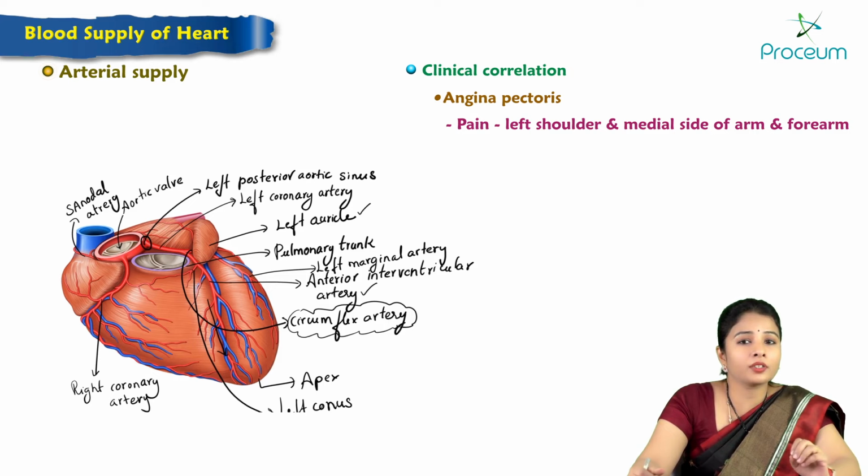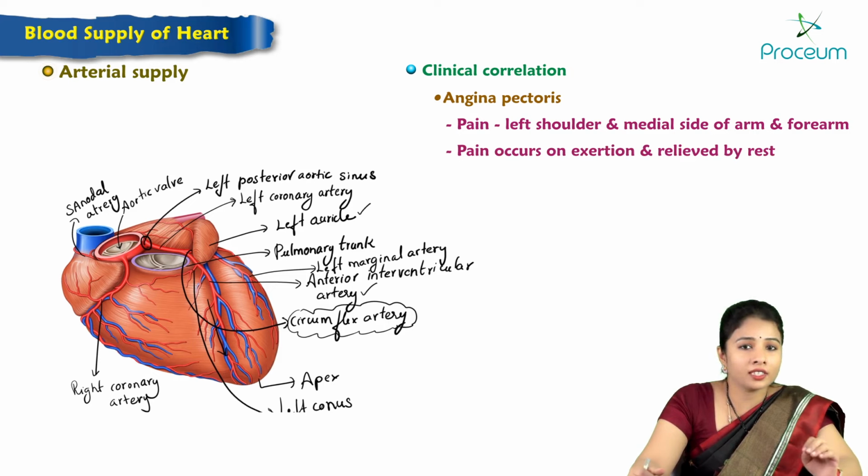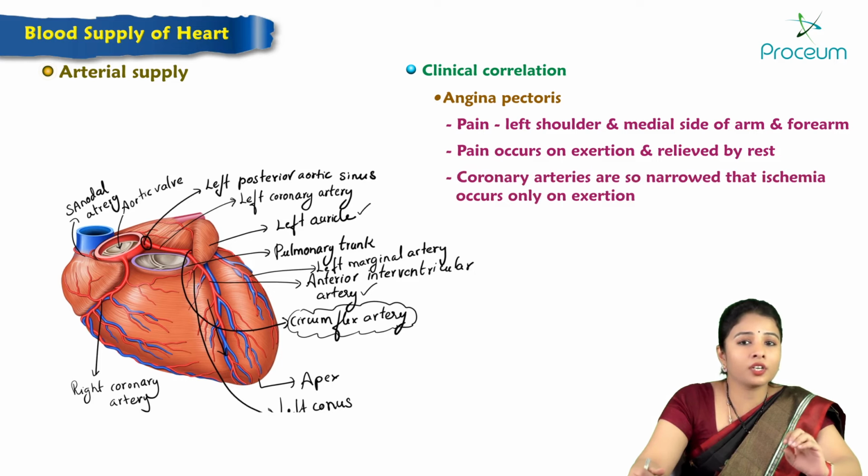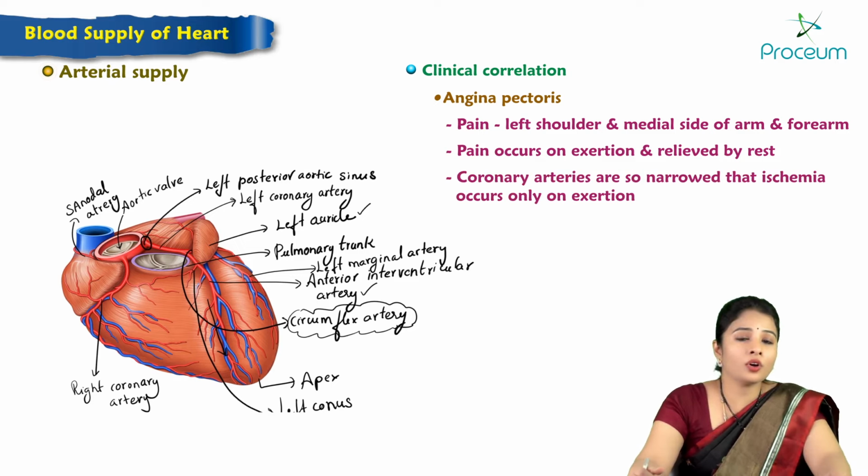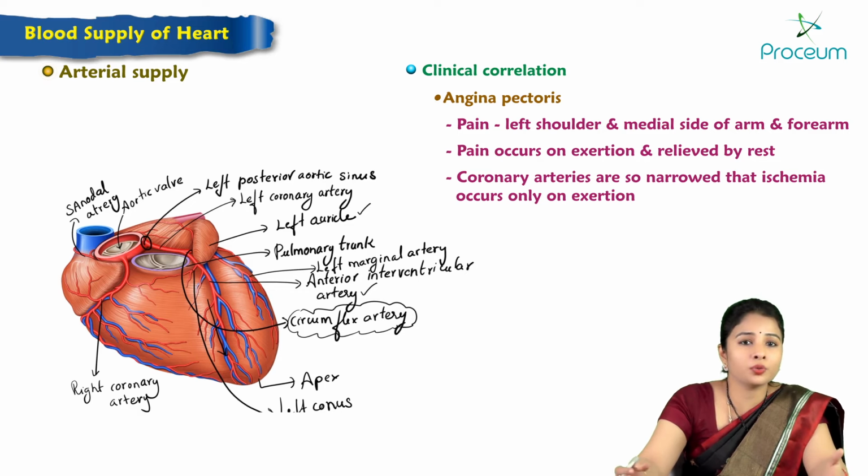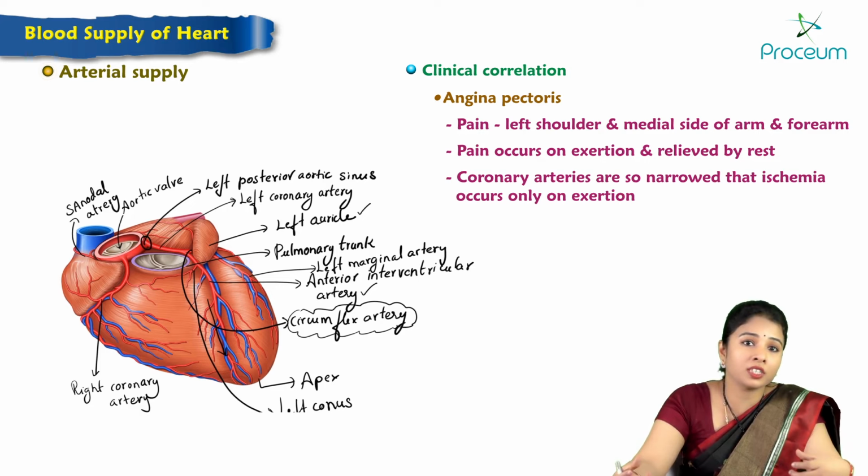In angina pectoris, pain occurs on exertion and it gets relieved by rest. This is because the coronary arteries are so narrowed that ischemia of the cardiac muscle occurs only on exertion. Exertion means when you do exercise or more physical movement.